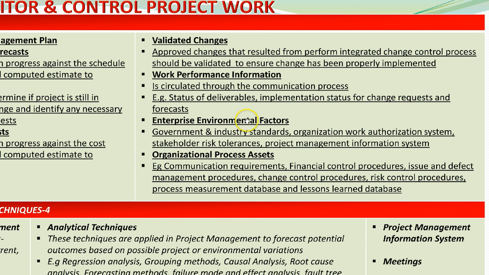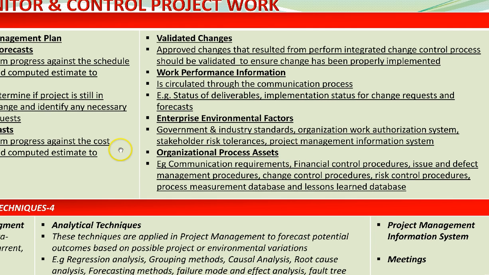The last one is enterprise environmental factors that affect the monitoring and controlling of the project, which are government and industry standards, organizational standards, work authorization systems, stakeholder risk tolerances, and project management information systems.